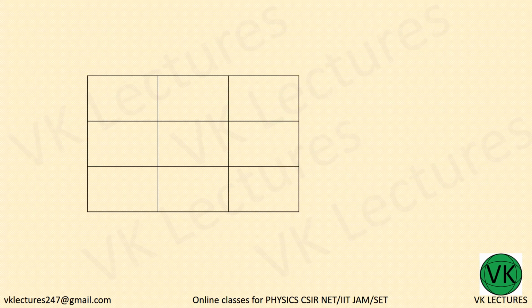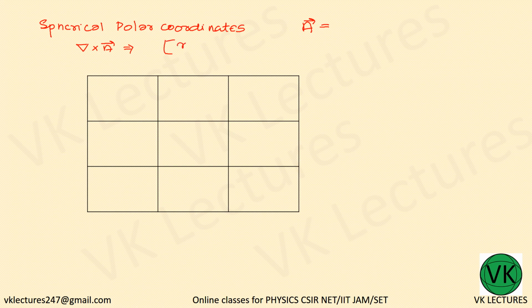Coming to the spherical polar coordinates, we can write del cross A equal to, before that let us write down what is A, and also let us write down what are the coordinates r, theta, phi.